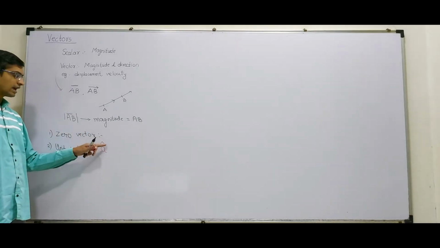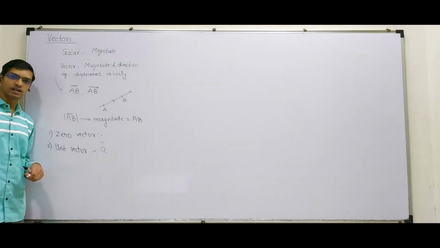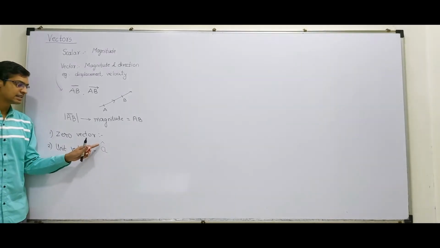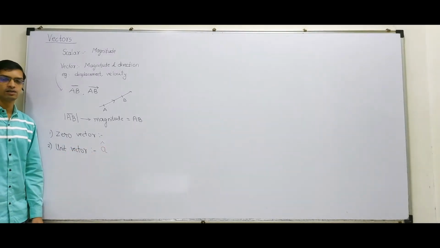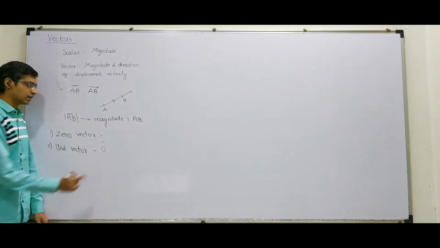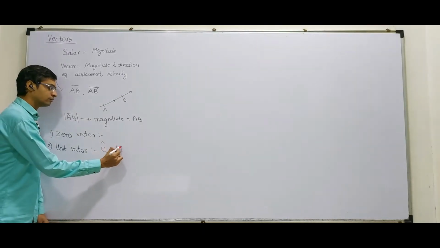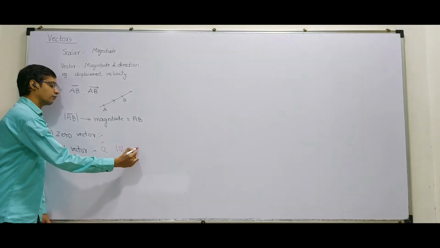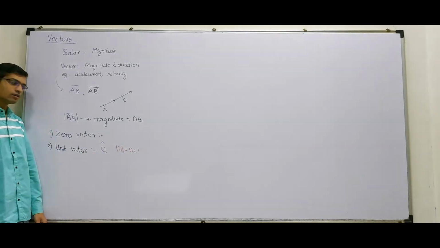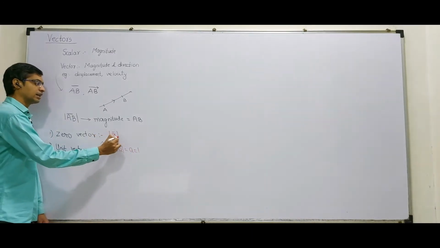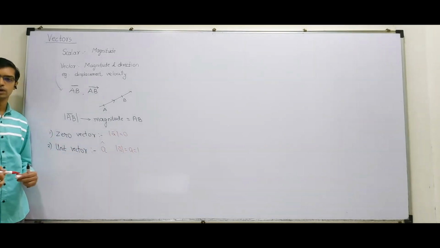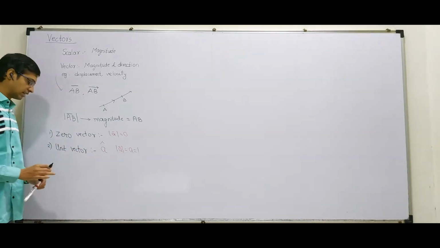If I put a triangle or cap on a vector, it directly indicates that the vector is a unit vector, whose magnitude will be 1, whereas for a zero vector the magnitude will be 0. Okay?